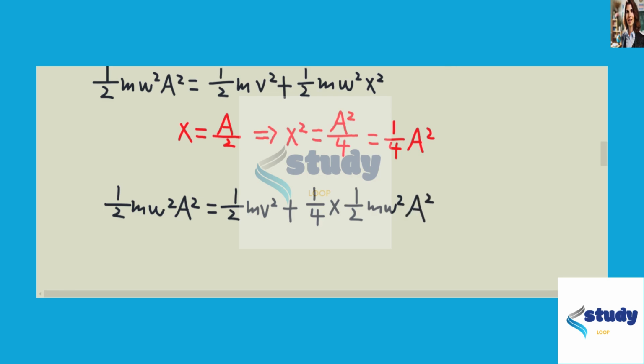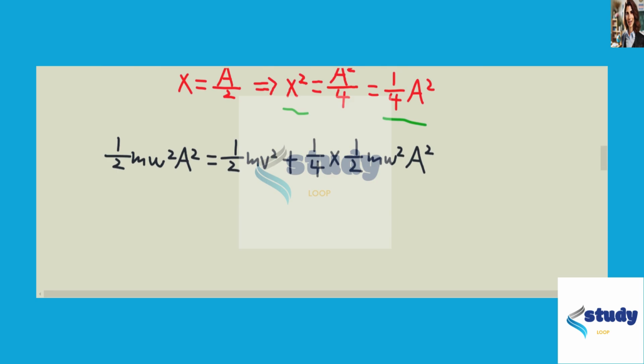Okay? Because remember, x squared is equal to 1 over 4 a squared. So therefore, the elastic potential energy is actually equal to 1 over 4 of the total mechanical energy.